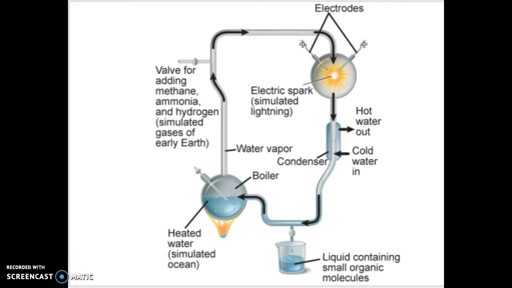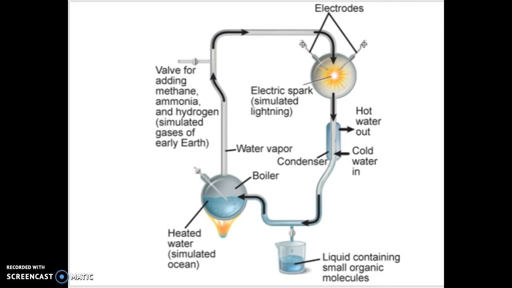The electrodes kind of simulate the lightning that was present in, and still today present, in early Earth's atmosphere. So then we can cool those gases, and eventually this machine runs and runs and runs, and we get small organic molecules in the form of amino acids.